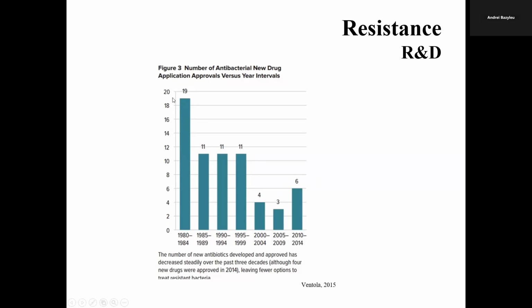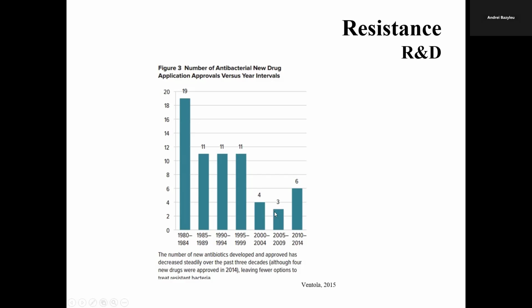This figure here shows you how many new drug applications, we discussed those in the first or second lecture, right? So how many new drug applications were submitted over the past several decades to the FDA? And as you can see, the numbers are dropping.